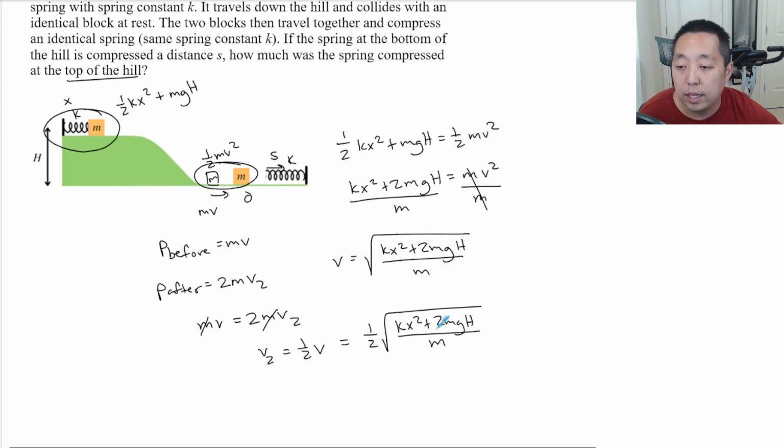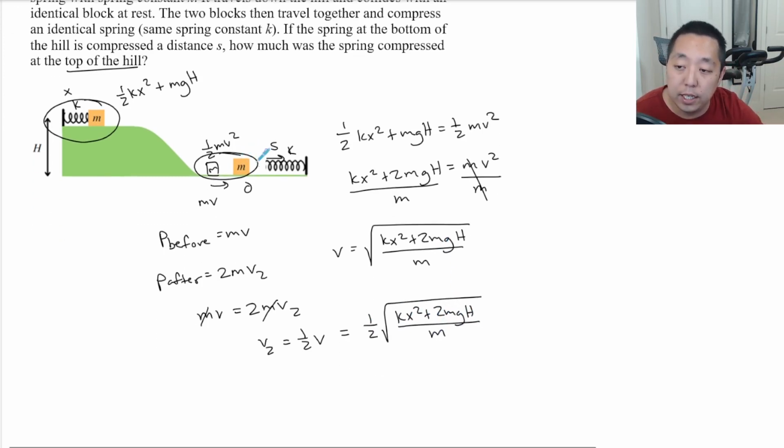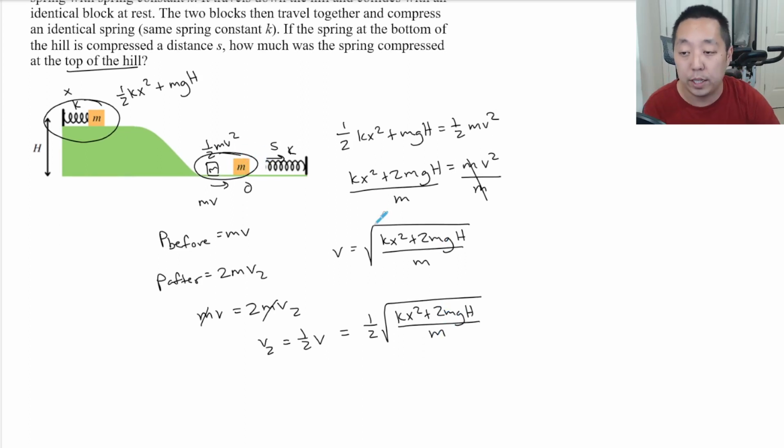Okay, and then lastly, we're going to say the kinetic energy of the two object system then compresses the spring in s. So the kinetic energy of the two blocks moving together gets converted into the spring potential energy, which is 1/2 kx squared, where how much is compressed in this case is s.